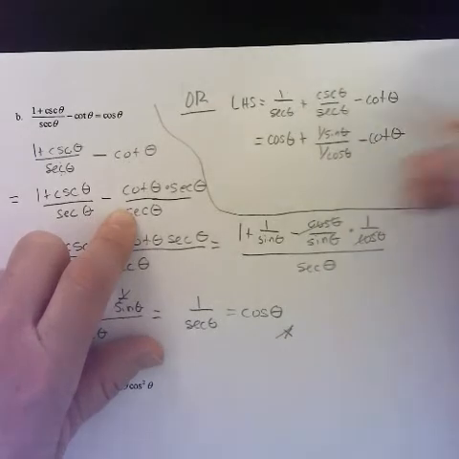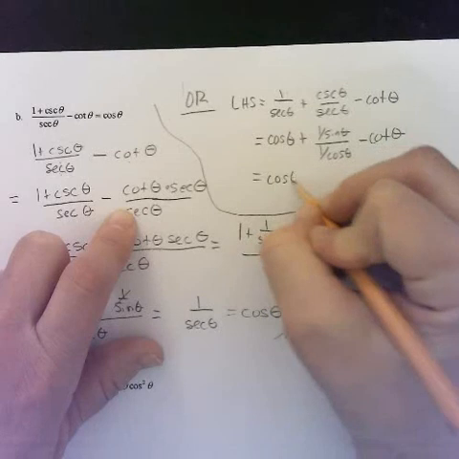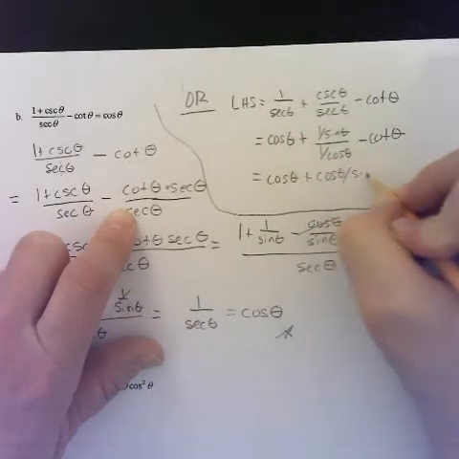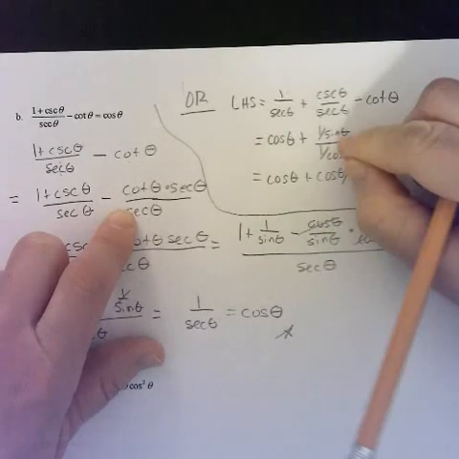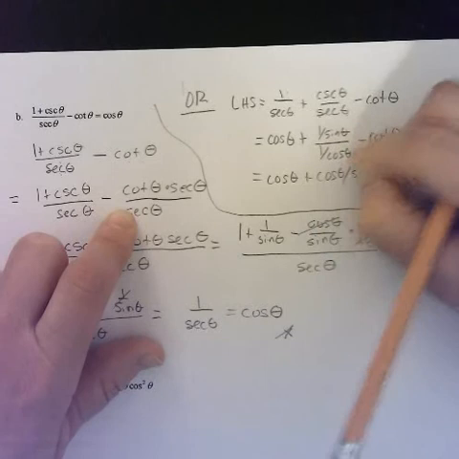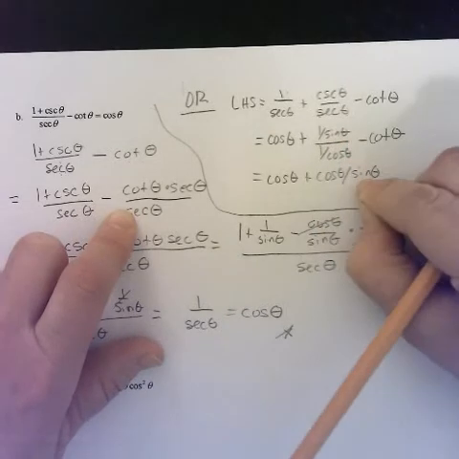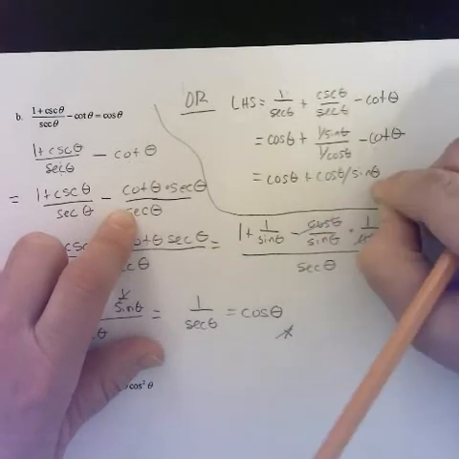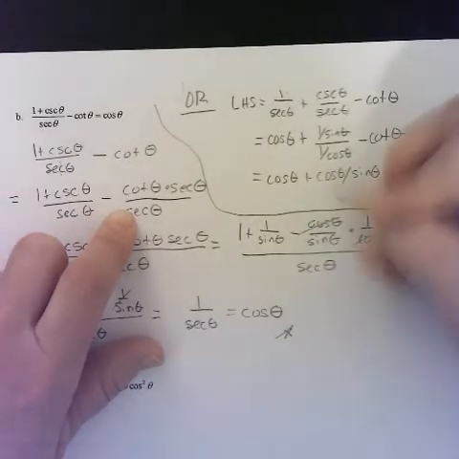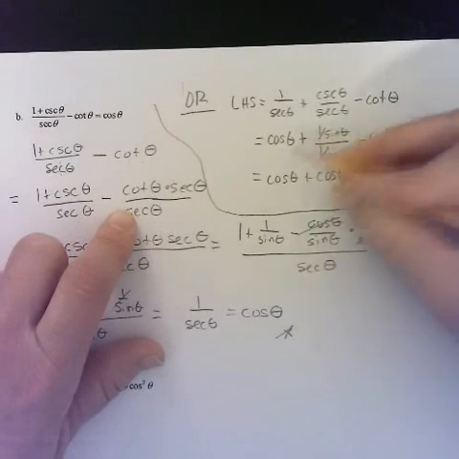This actually then becomes cosine theta over sine theta. And you divide by this fraction, you multiply by the reciprocal, so the cosine ends up on the numerator. I would write that out some more, but I'm running out of room. But you can do that, right? Take this and write it as 1 over sine theta times cosine theta over 1.